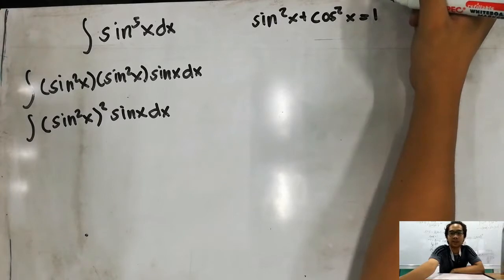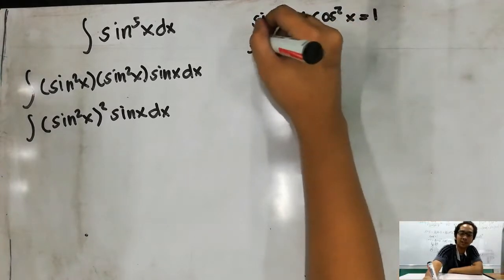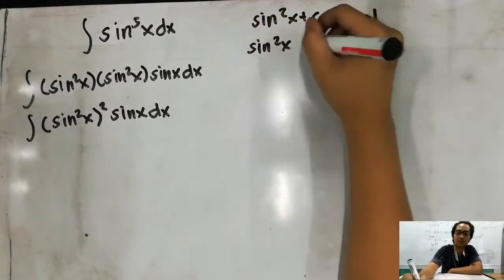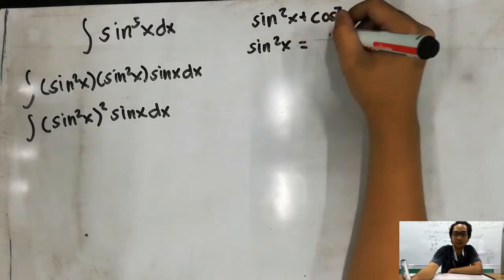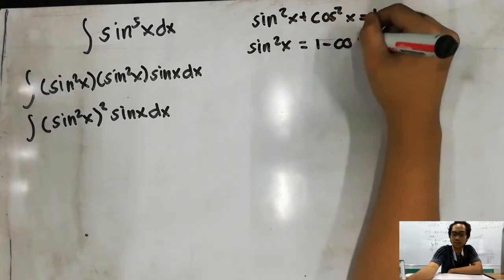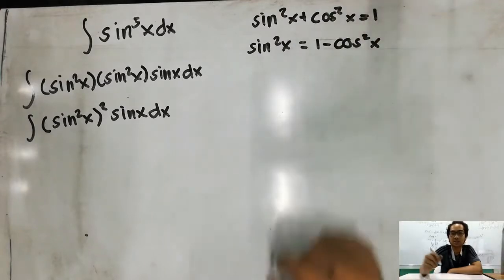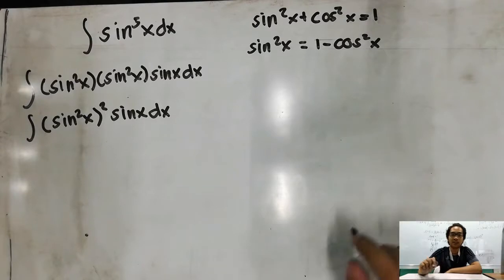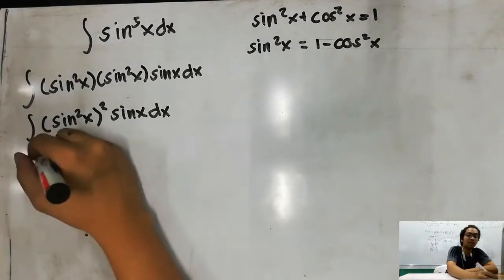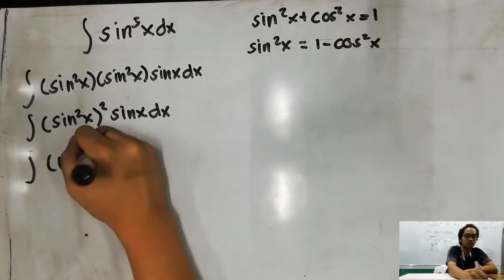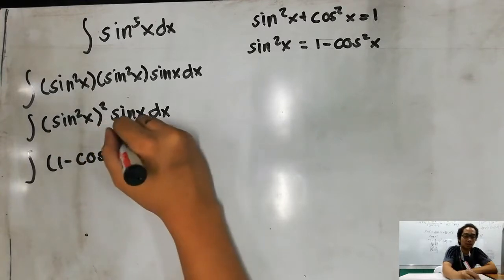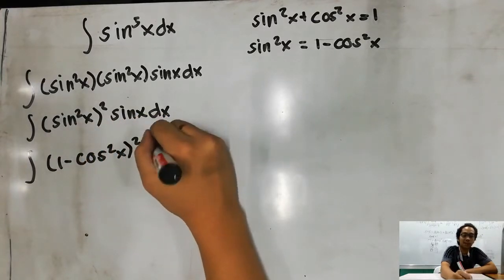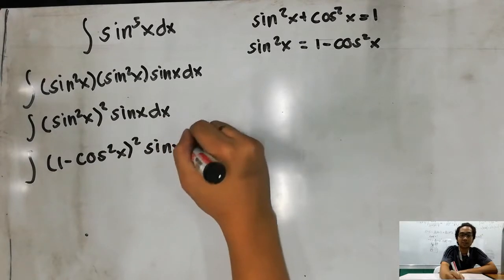We can rearrange this to sine squared x equal to 1 minus cosine squared x, so that we may use it in place of sine squared x in our function. We'll write this as the integral of 1 minus cosine squared x raised to 2 times sine x dx.